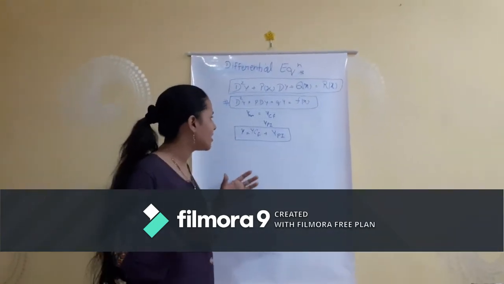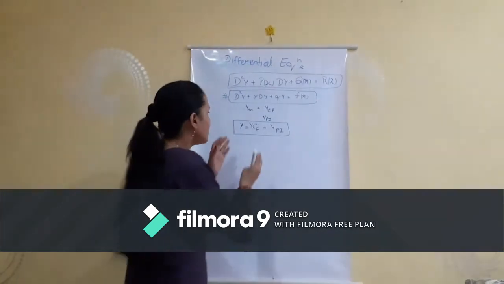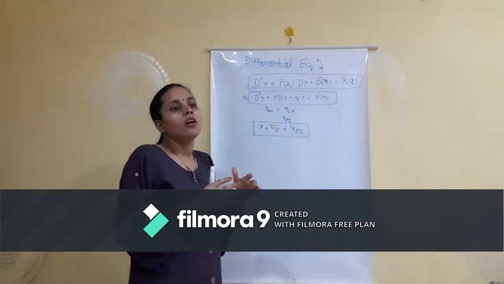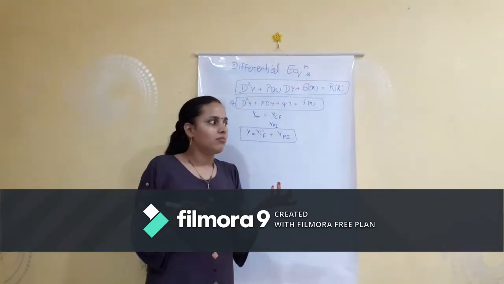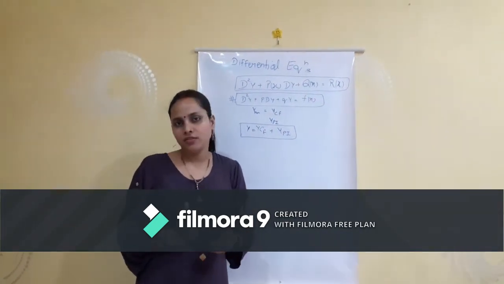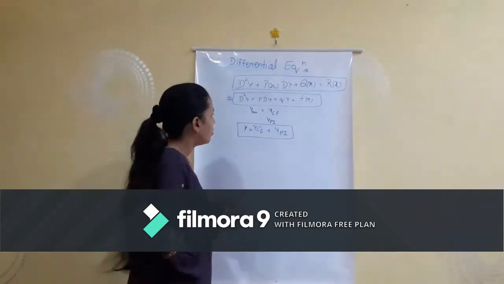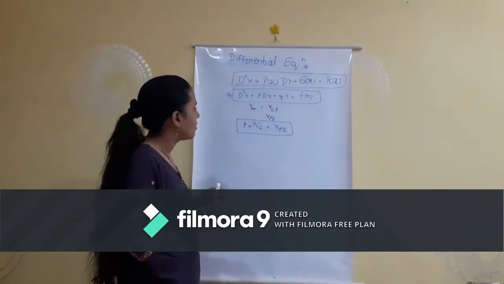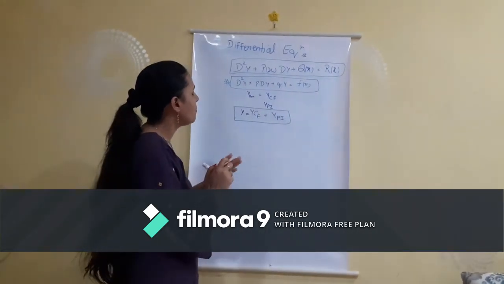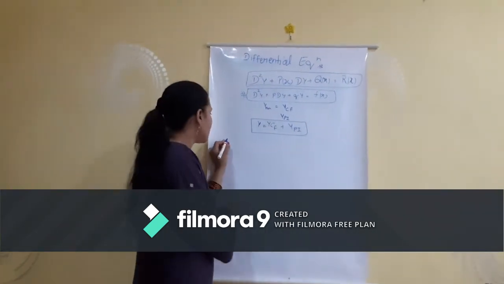Okay, till now we understand how to find this CF part, the complementary function part, that means the solution of second order linear differential equations with constant coefficients. So now we will move further. Again I have considered it in this fashion, and we have other methods as well.